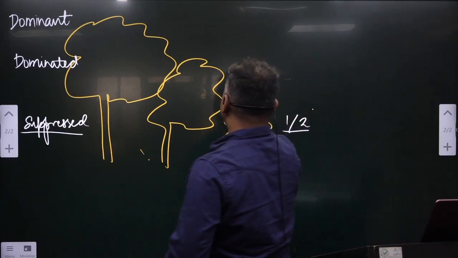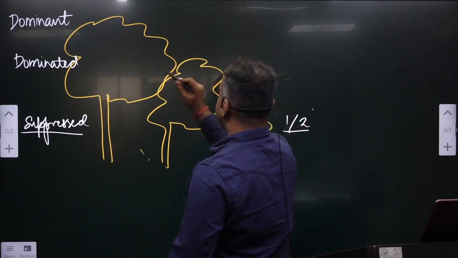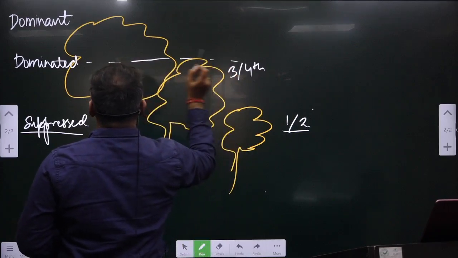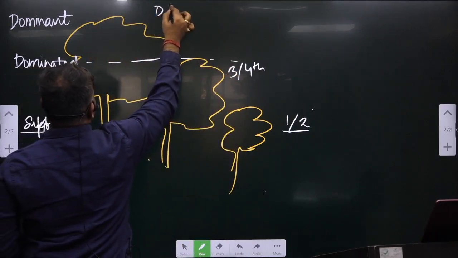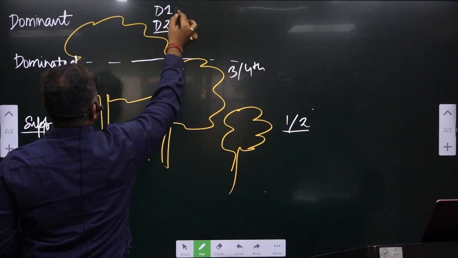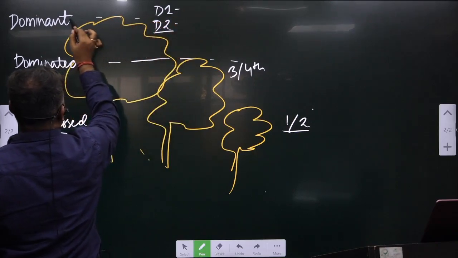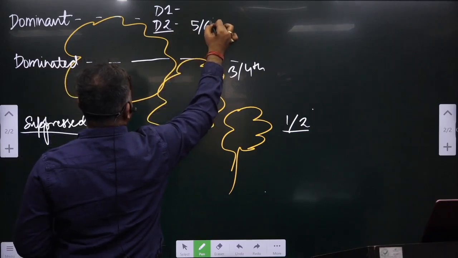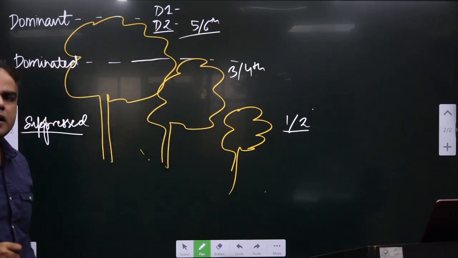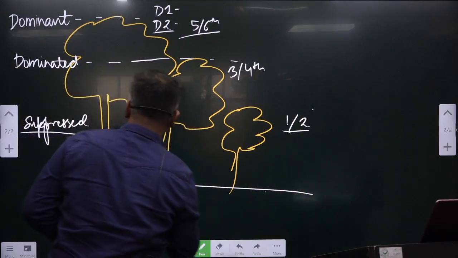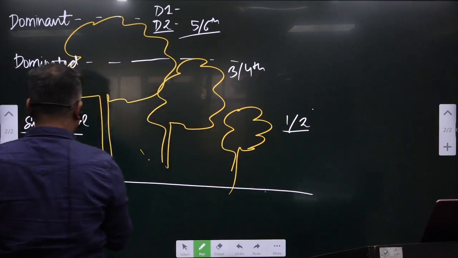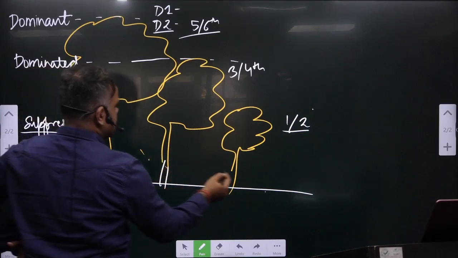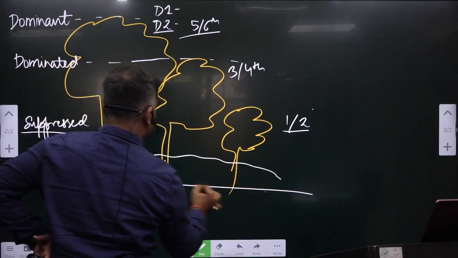Okay, this is around 3/4 of the height, the dominated. And dominant is divided into D1 and D2. Okay, where D1 is at the top, D2 is around 5/6 of the height. Okay, and if you have known, for example, herb, shrub and all these classifications, this is the lower bound areas.